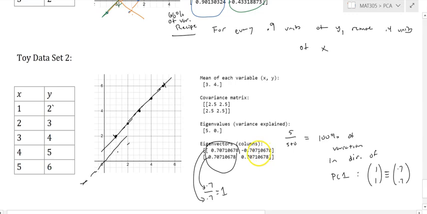Now, it's always going to generate that orthogonal eigenvector, which would look perpendicular to this, but how much variability is on that line? Well, that's the other 0 out of the total, which is 0% of variation in the direction of PC2.